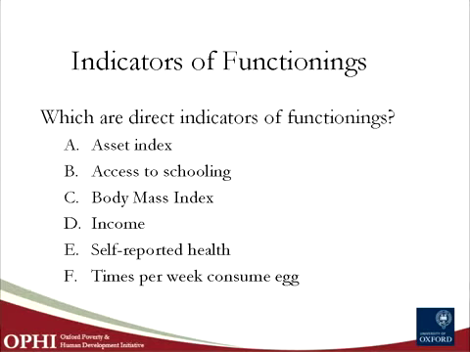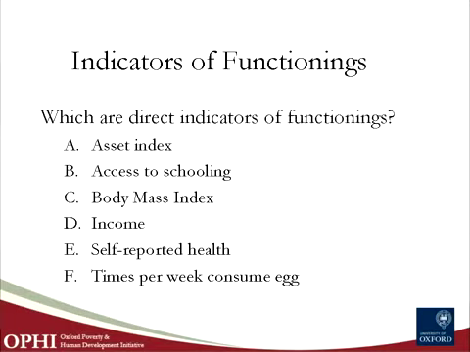So just a quick pop quiz. Which of these are indicators of functionings directly? Is an asset index a resource, a functioning, or a utility? Okay. How about access to schooling? It could be. So there's some of these that are difficult.